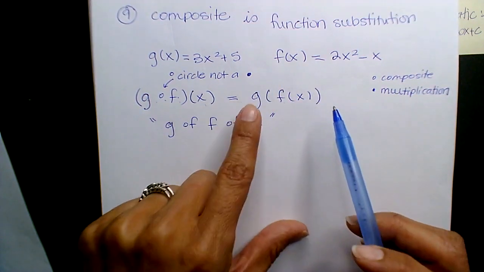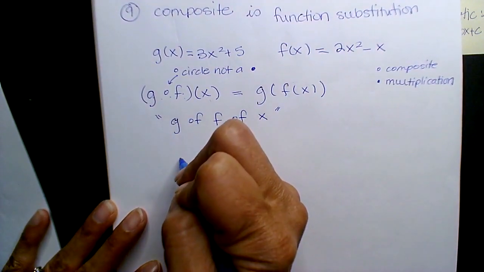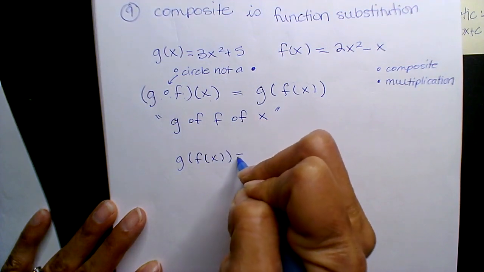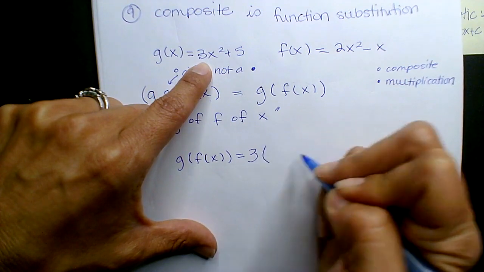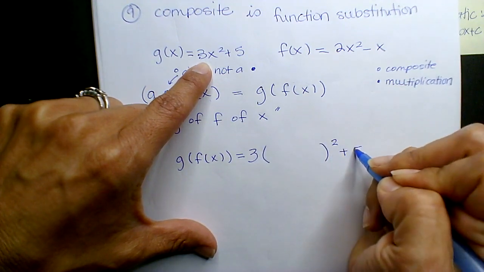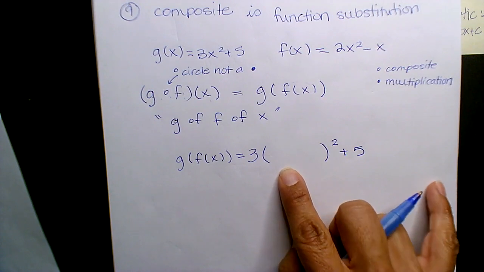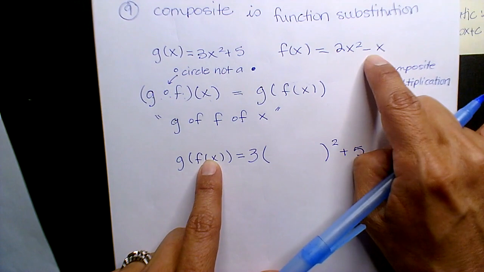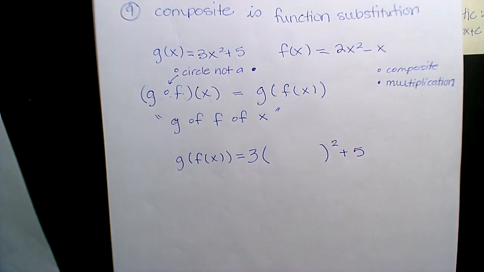So if the g is your big structure, my g of x function is 3x squared plus 5, and I'm going to leave an extra large holder because I'm going to substitute the f of x function, the 2x squared minus x, into here.